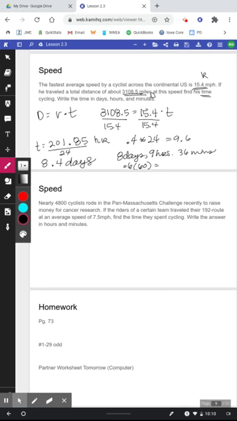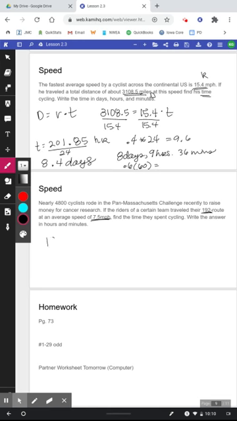Nearly 4,800 cyclists rode in the Pan Massachusetts Challenge recently to raise money for cancer research. If the riders of a certain team traveled their 192 route at an average speed of 7.5 miles per hour, find the time they spent cycling. So there's my distance, there's my speed.